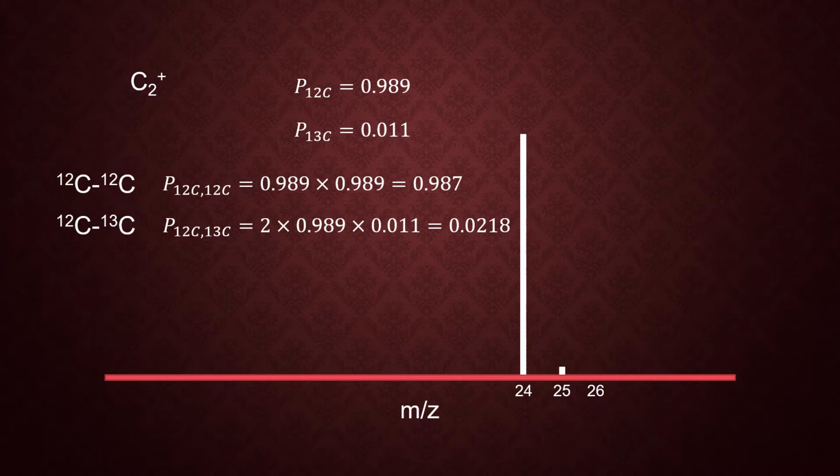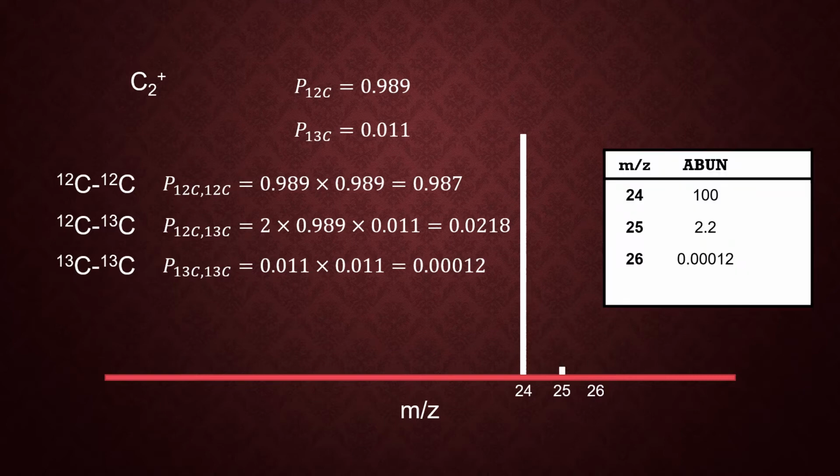The reason there is a 2 there is because there are 2 ways to make that molecule. I'm pretending I can actually identify the different carbons in the molecule. And finally, if we want to know the probability of seeing a diatomic carbon-13 molecule, we multiply 0.011 times 0.011 to get 0.00012, so a very low probability.